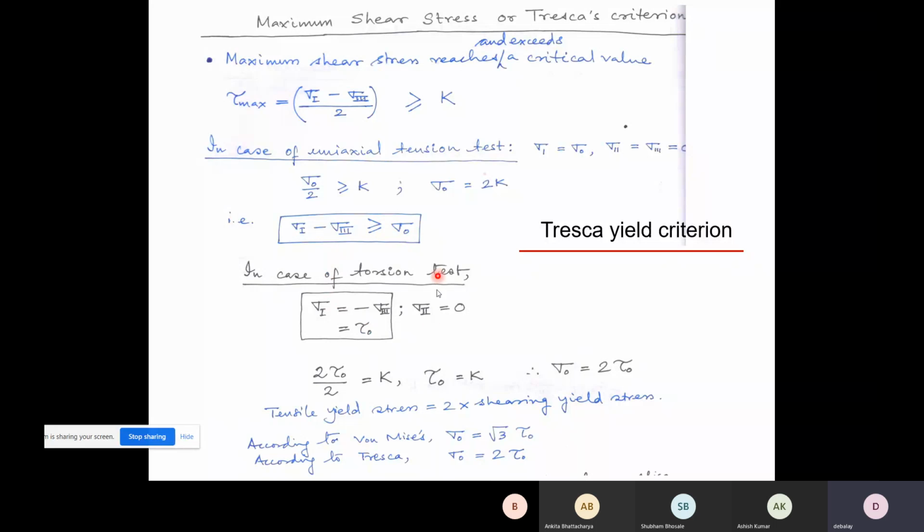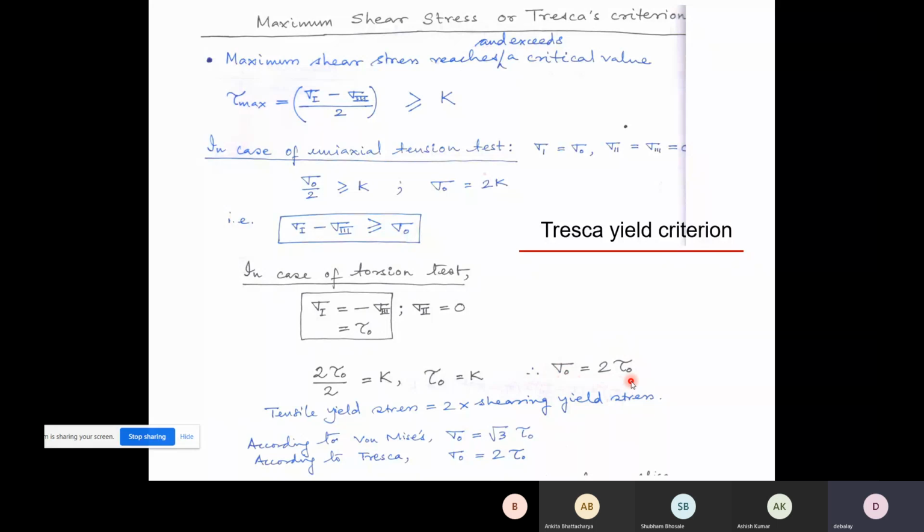As sigma naught is called the tensile yield strength, tau naught is called the shearing yield strength. So following Tresca's criterion, what is the relation? In place of sigma 1, we apply tau naught, and sigma 3 becomes minus tau naught. So 2 tau naught should be greater than or equal to sigma naught. The critical condition gives the relation between shearing yield strength tau naught and tensile yield strength sigma naught as sigma naught equals 2 tau naught.